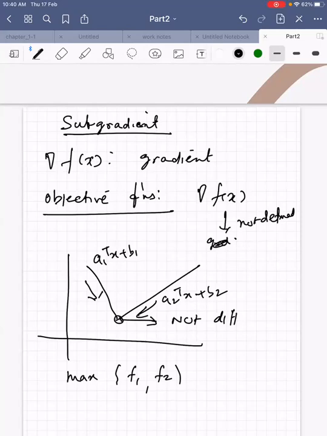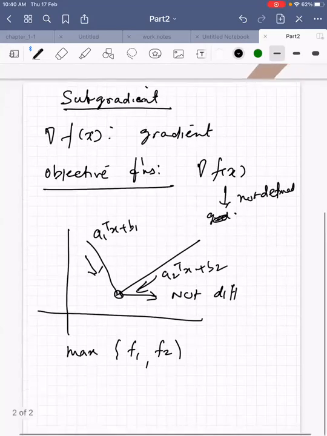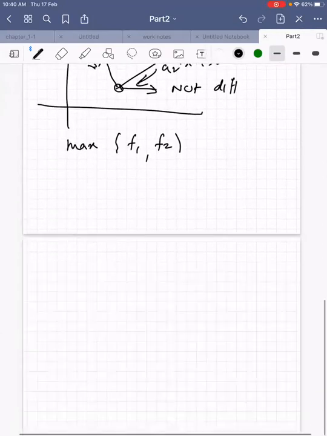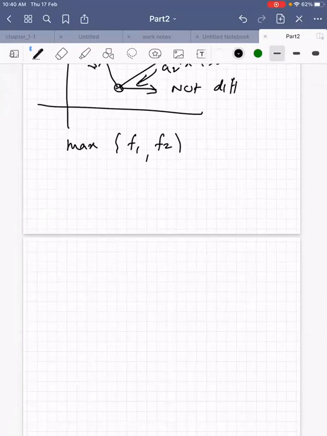So how do you take care of these conditions? How do you solve for such conditions? There is an idea of subgradient, which says that if I don't have one gradient at a point, if I don't have one particular defined direction at a point, why not have a set of all possible directions at that point? So subgradient gives you that flexibility.